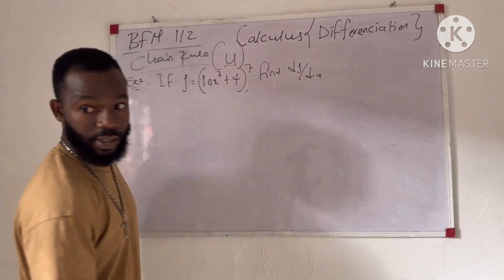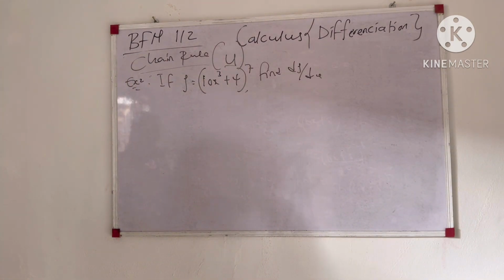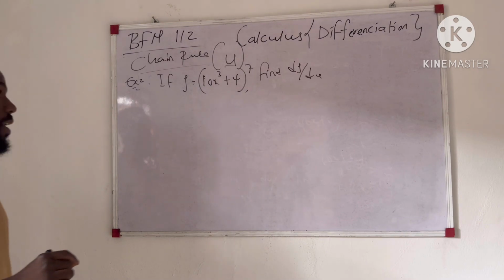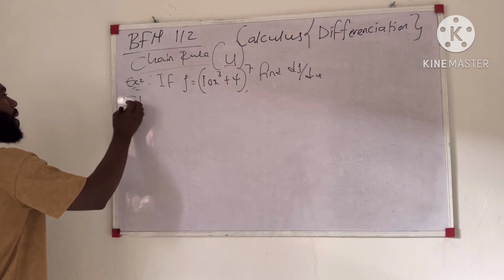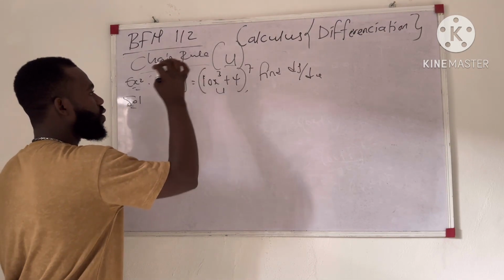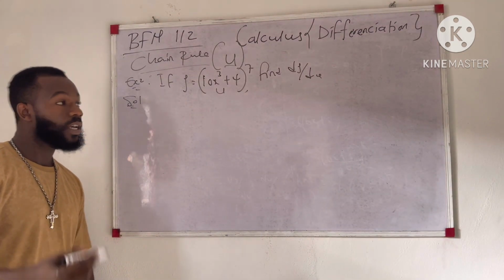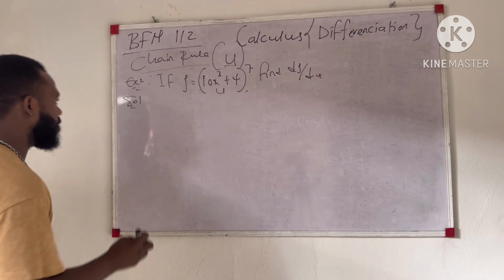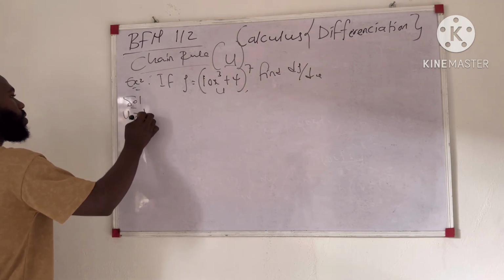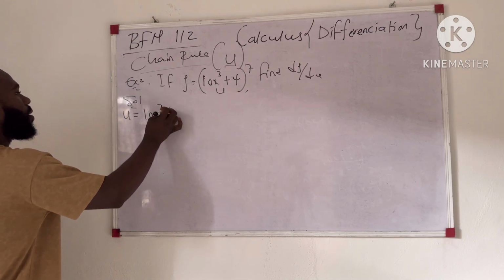Alright, let's proceed. Again, the 2 methods we're going to apply here. So let's see how we're going to get the answer. Applying the first method, we said our u is what is in the bracket, which is 10x raised to the power 3 plus 4. So u is equal to 10x raised to the power 3 plus 4.